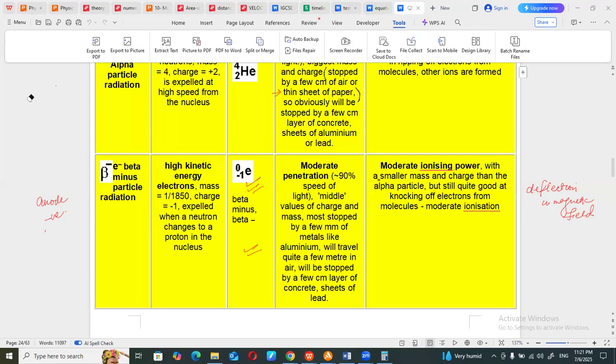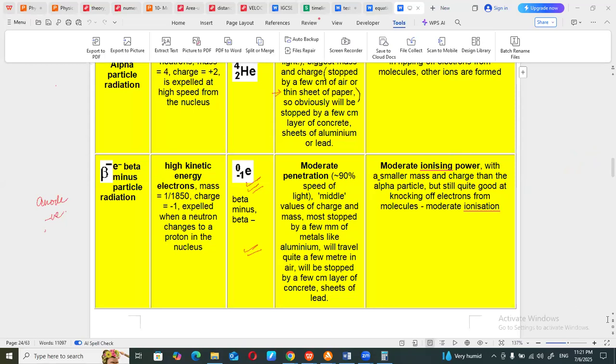For example, if the alpha particle shows deflection in the upward direction, they show deflection in the downward direction. Alpha particles, being the heaviest, are deflected less, but beta particles are deflected more.